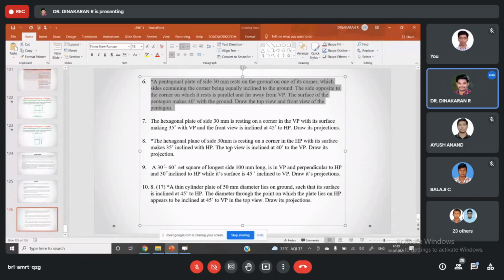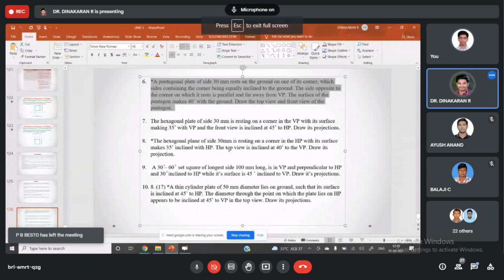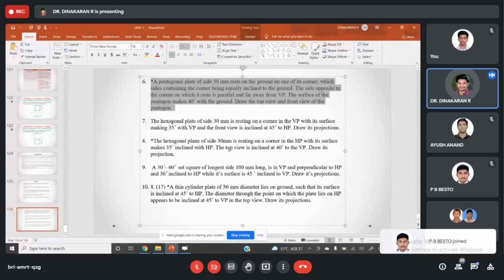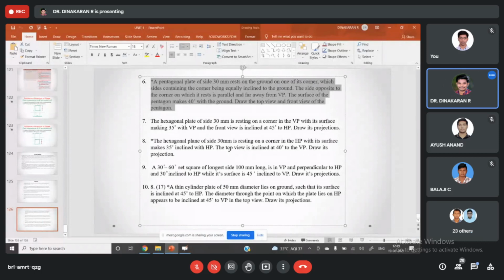Hey, read the question, Ra. Ganapati. Read the question and tell me what jump is given. How to draw this? Aditya Ramesh. Aditya Ramesh is there or not?